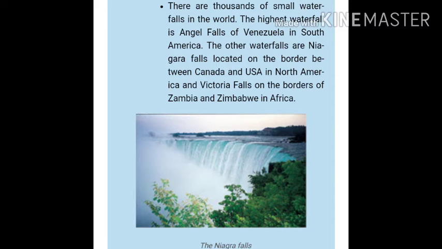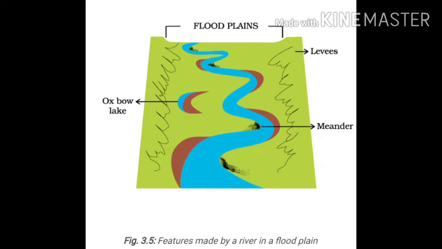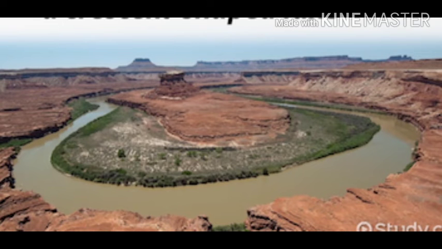In plains, the river moves in a leisurely way. Its course forms broad, S-shaped bends called meanders. Sometimes the curvature becomes so sharp that the river breaks through the bends and forms a loop known as an Oxbow Lake, which you can see in this given figure 3.5.